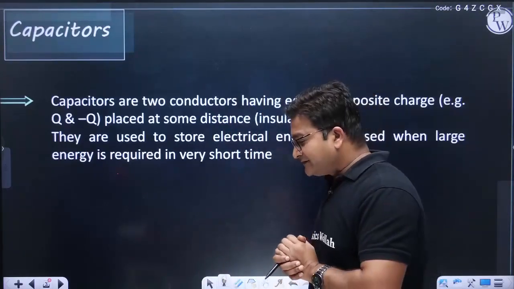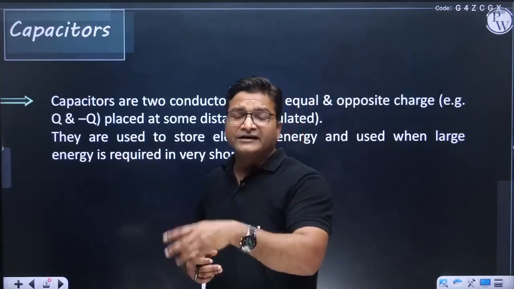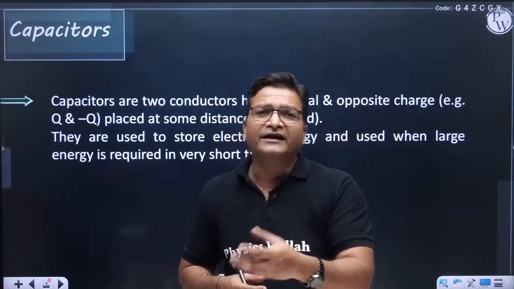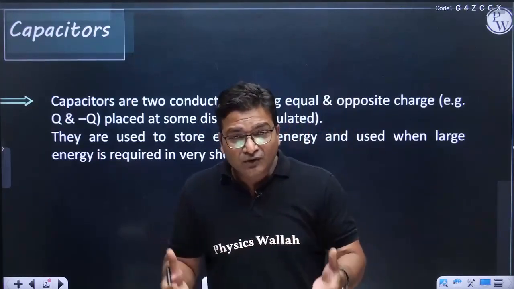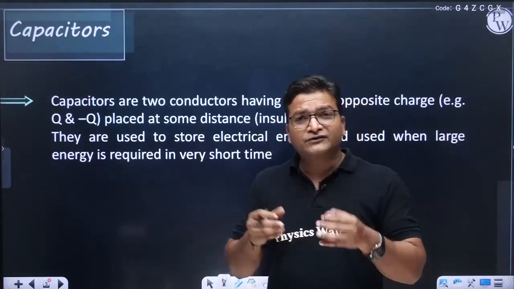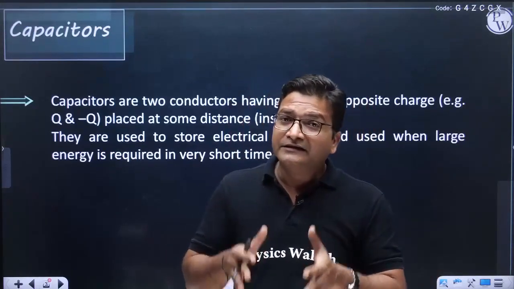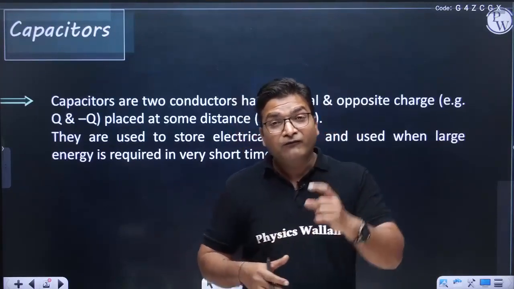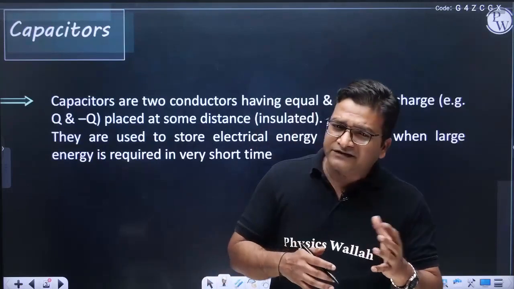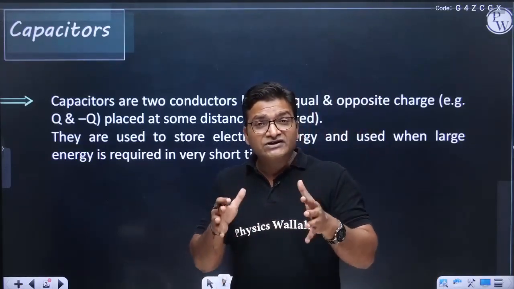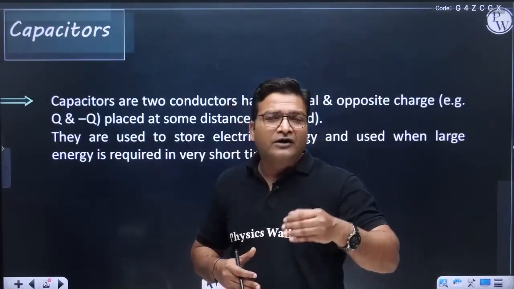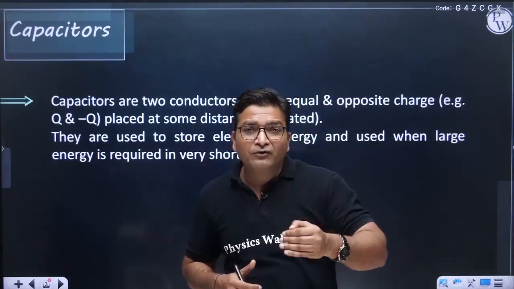Capacitors slowly take energy from the cell and store that energy in themselves. It takes seconds to store energy inside the capacitor. And when the flash is operated, the cell doesn't provide that much energy, and the energy which was stored in the capacitor is released instantly, in only a few milliseconds.